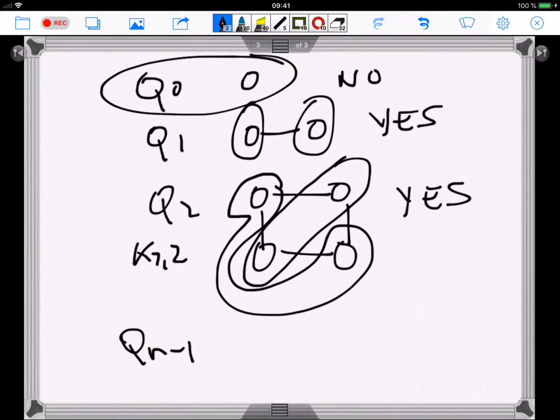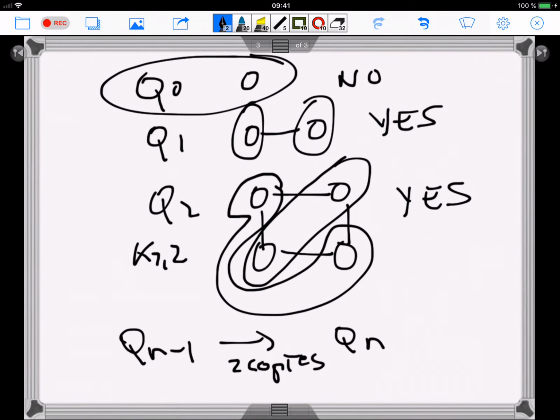And then when we have Qn, this is two copies of Qn minus 1. Okay? And we know by induction hypothesis that Qn minus 1 has no cycles of odd length.